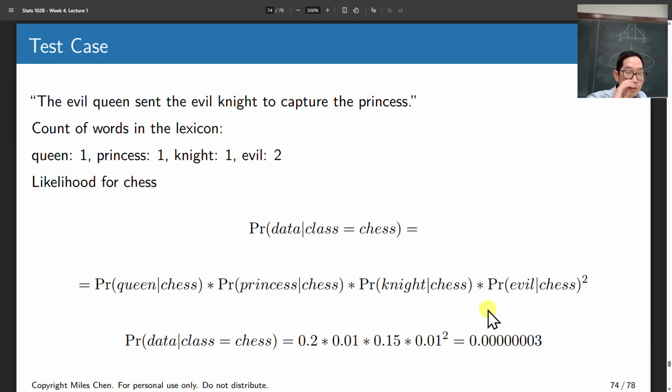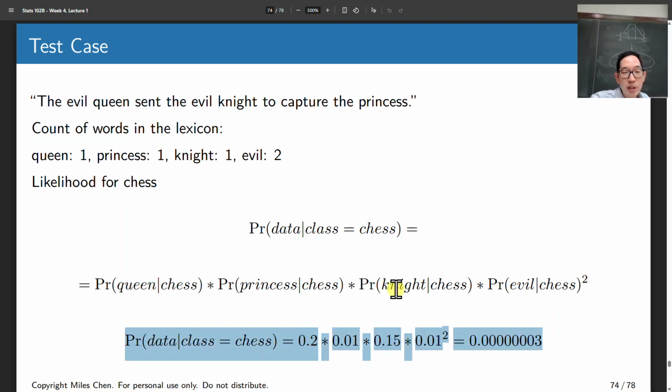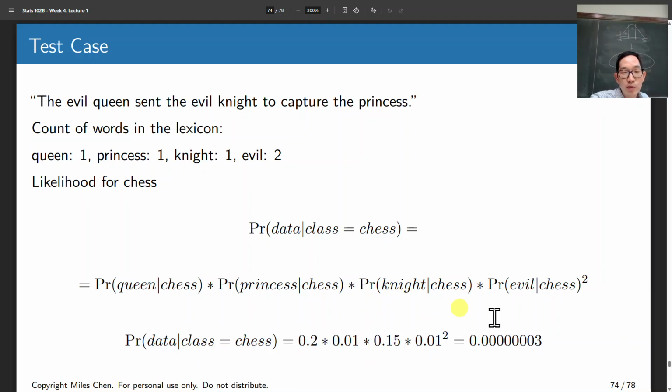And then when we do it for chess, we take the same bag of words and do the same kind of thing. What's the probability of seeing queen in a chess article? 0.2. Knight in a chess article is 0.15. Evil in a chess article has probability 0.01, and princess is probability 0.01, and evil appeared twice.